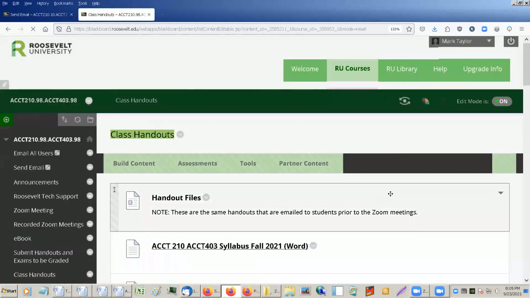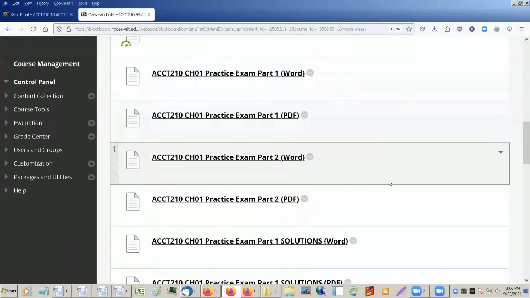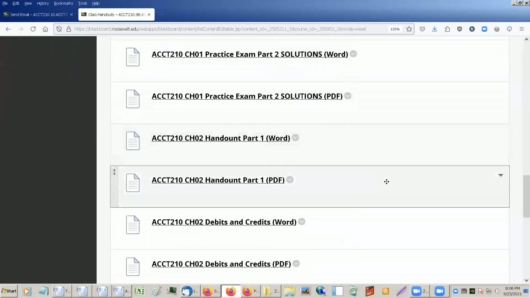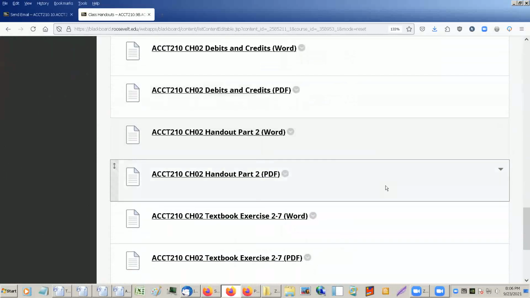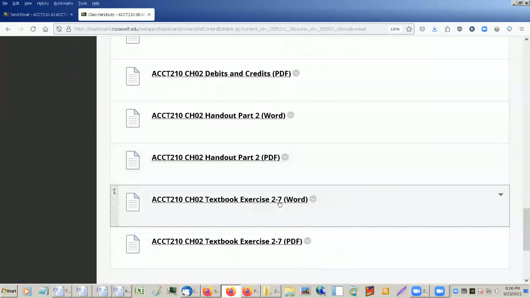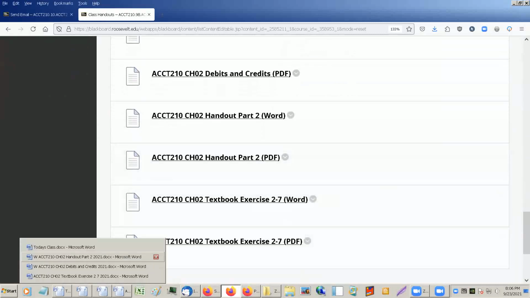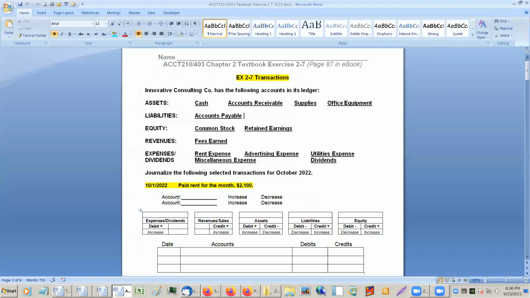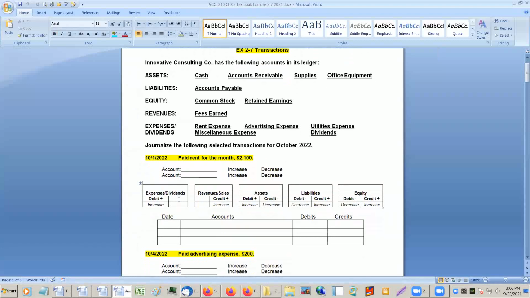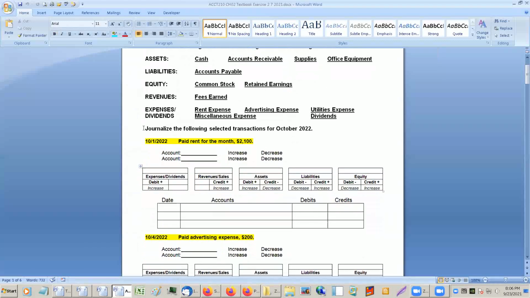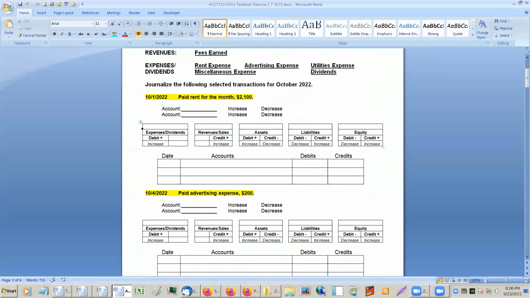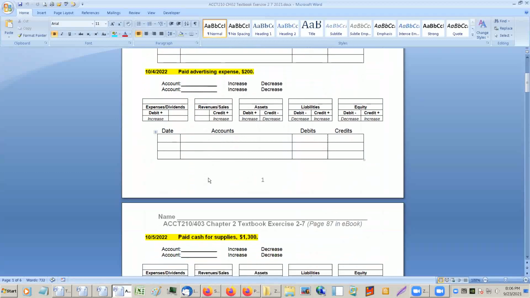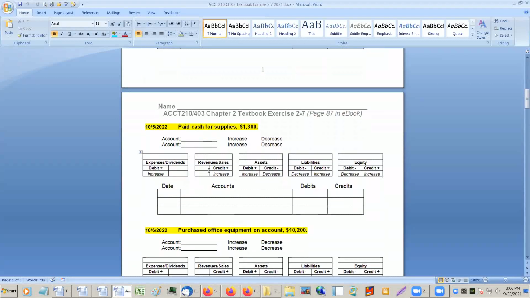All I did is take the book problem, exercise 2-7, and put it into the same format that we've been using here. These are basically all from the book, so they're somewhat familiar. What I'd like you to do is go through and give them all a shot.